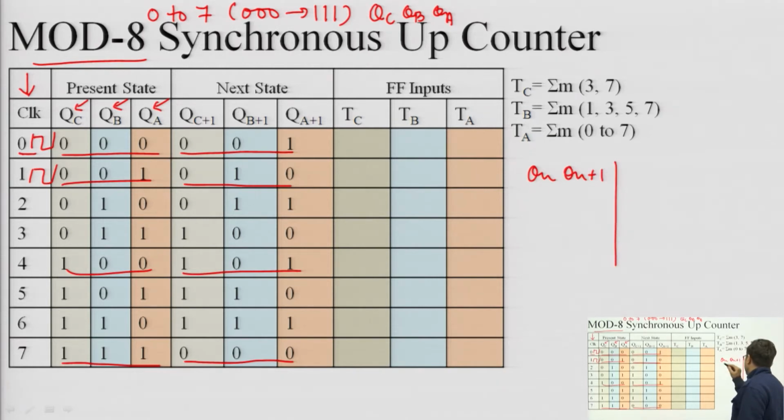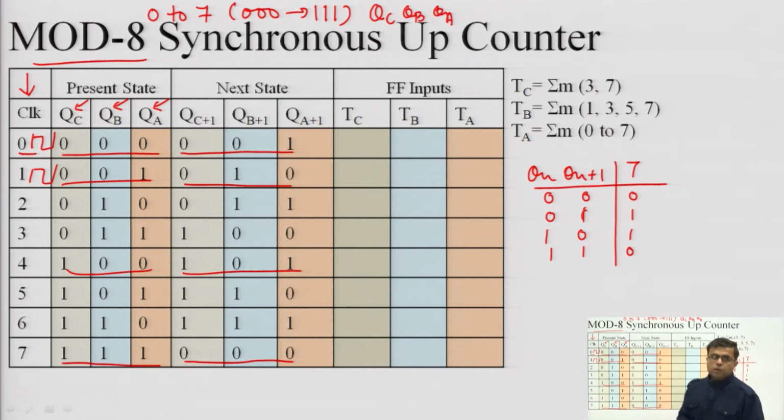If this is the output transition, 0 0 means there is no change in the output, so T must be 0. 0 1 means the output toggles, so T must be 1. 1 to 0 again means the output has toggled, so T must be 1. 1 1 means the output is not changing, so the input must be 0. This is the excitation table of the T flip flop.